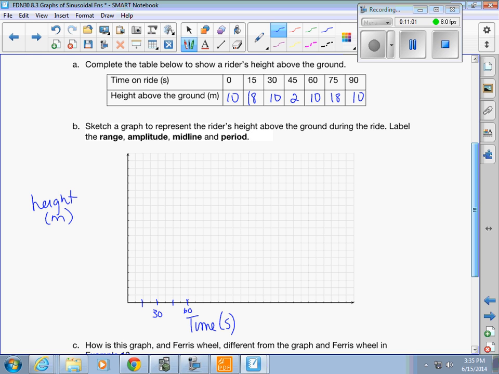Oh, hang on, this one's a little bit bigger, sorry. Every 4 will be 15 seconds.